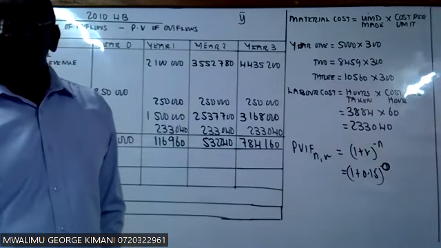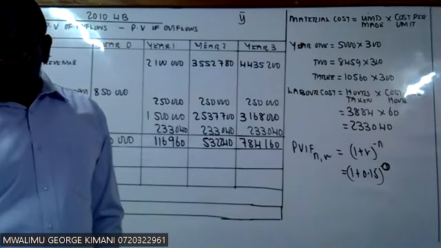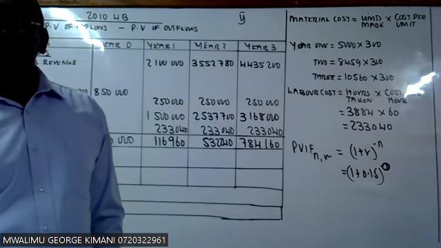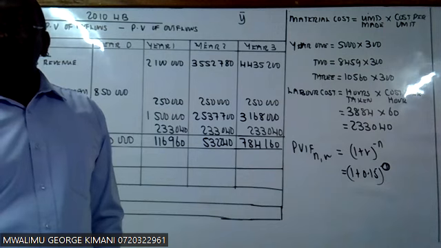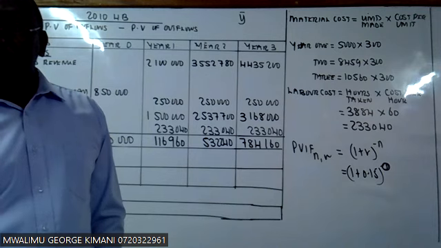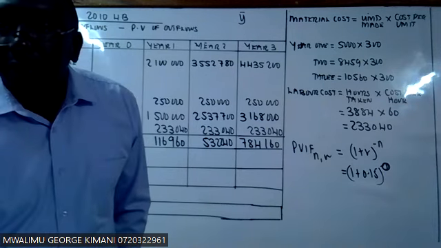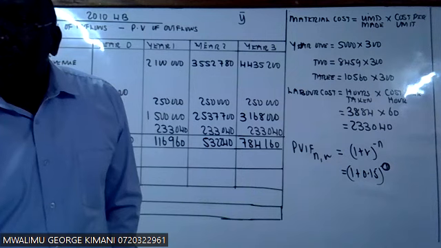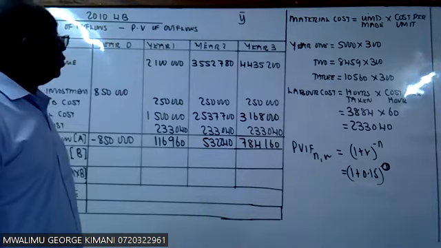Yes, Nur, you can unmute and speak. You are getting 5,320,000.